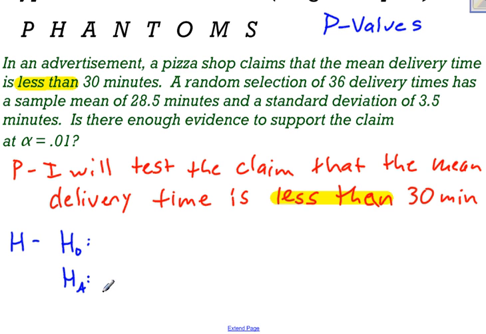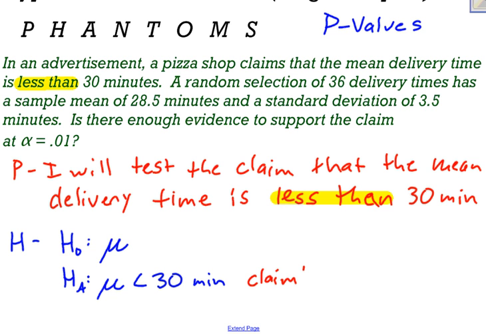First of all, I know I'm dealing with mean, so I'm going to use the symbol mu for population mean because we are testing a parameter. I don't want to use x bar here, I want to use mu. And since this says less than 30 minutes, the claim is saying that the mean is less than 30 minutes. This is where the claim is located.